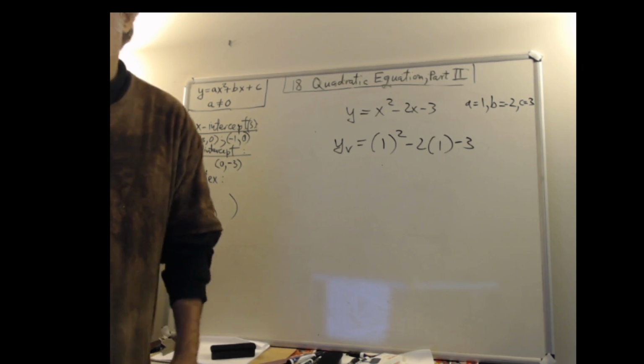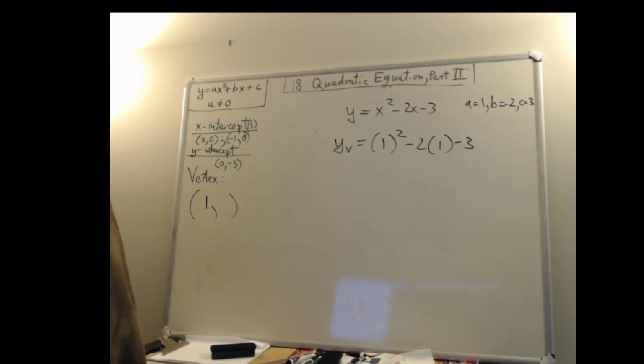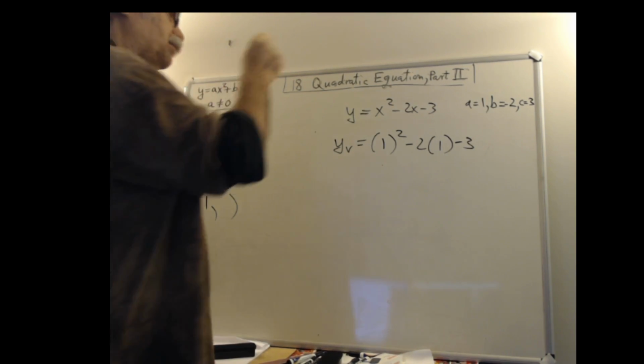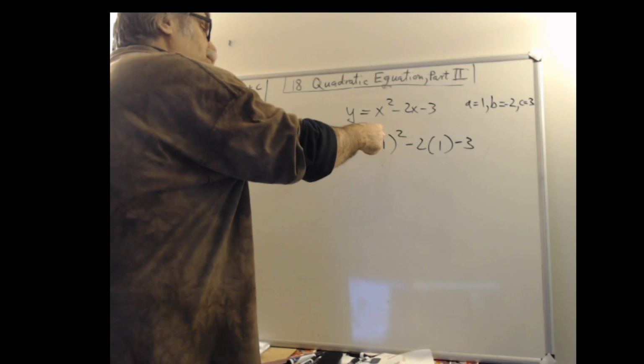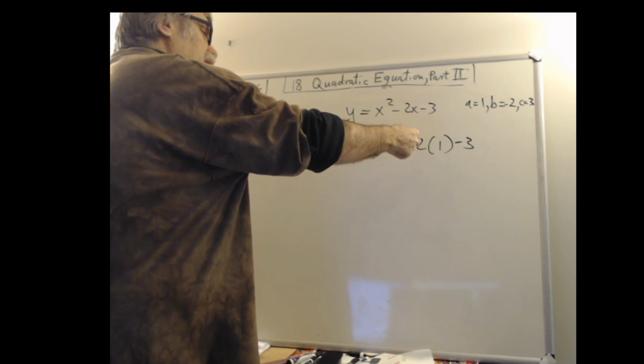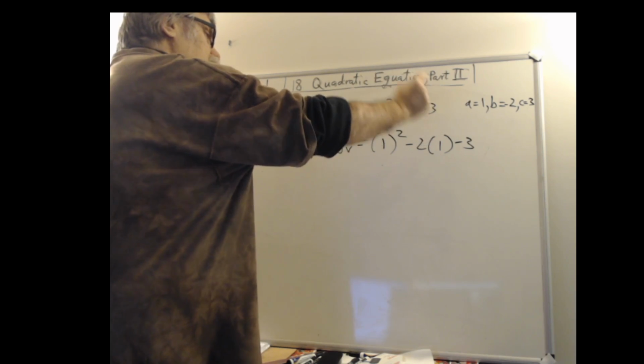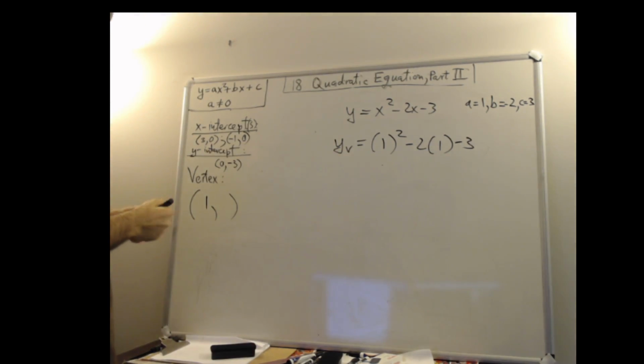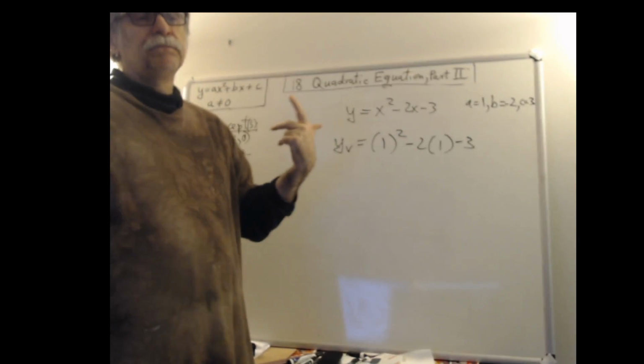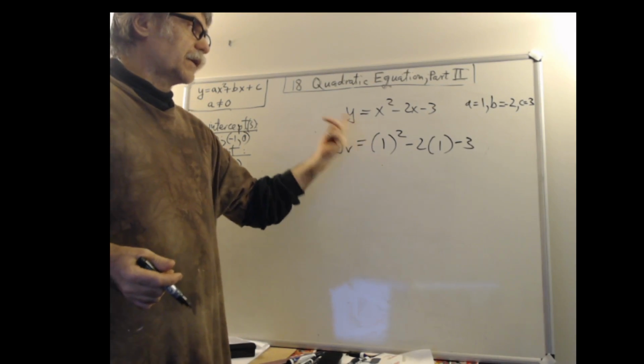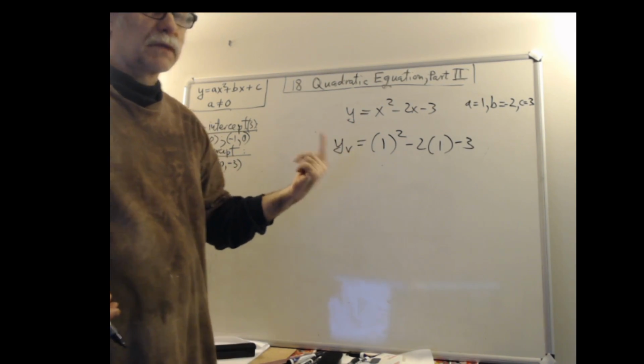So I got, all right, 1 minus 2 is negative 1, minus 3 is negative 4. Done, right? So you don't need the formula here. Again, the value of the vertex you can get by the formula, or you can just simply find the x of the vertex and plug it in the equation, because the vertex must be on the parabola.